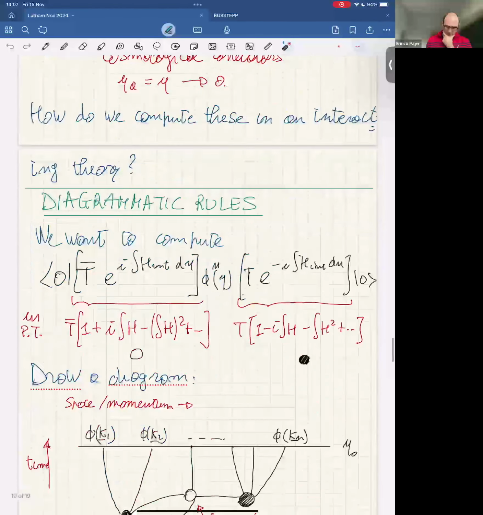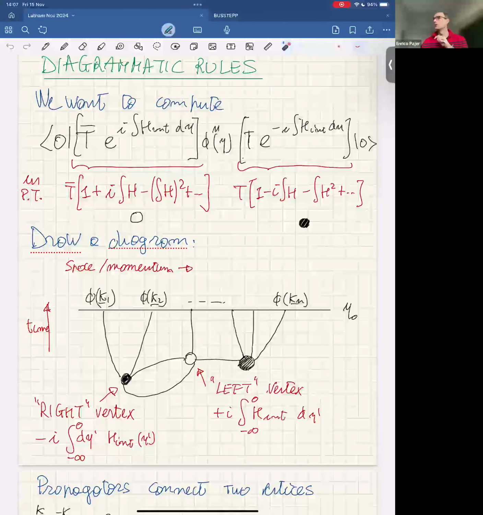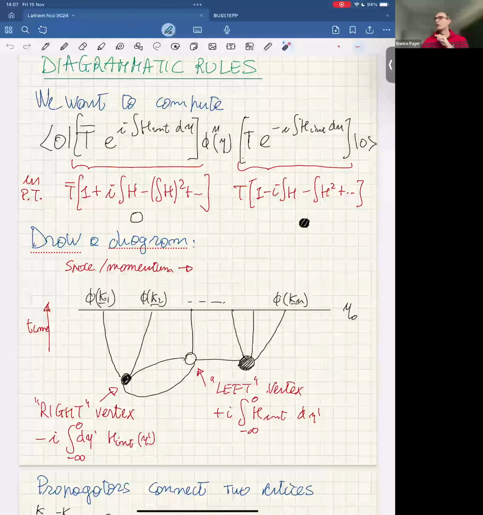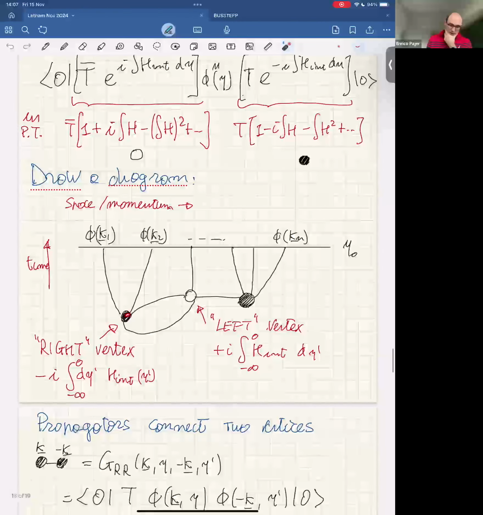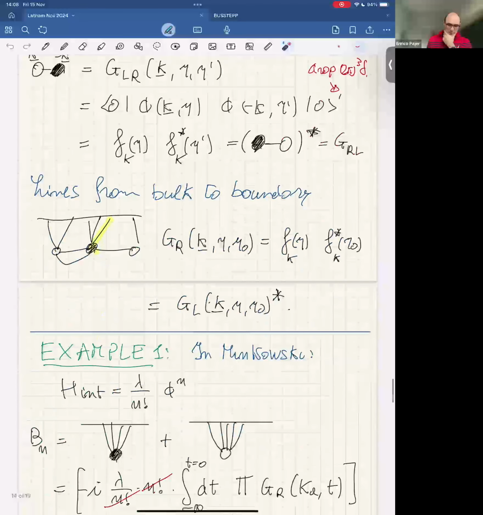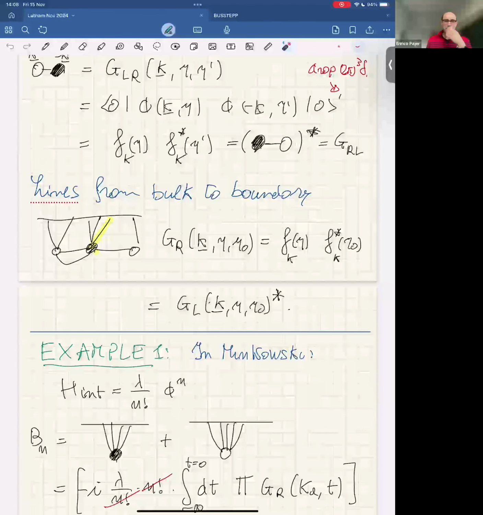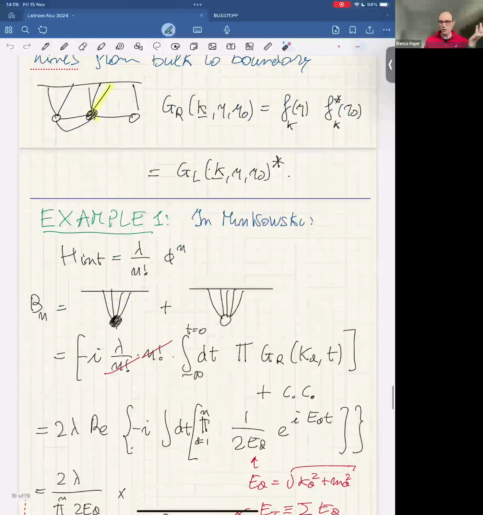Finally, what did we say last time? Oh, we introduced these diagrammatic rules to compute correlators, and there are vertices and there are propagators, and we reviewed all of them. And in principle, now, given a concrete theory which specifies the interaction, you can do the calculation.